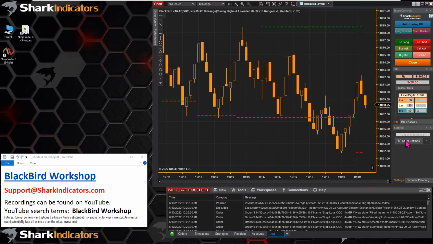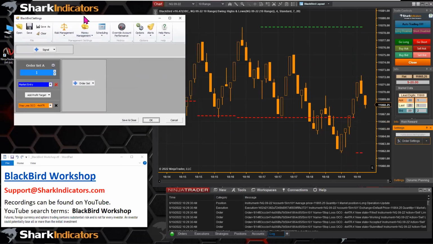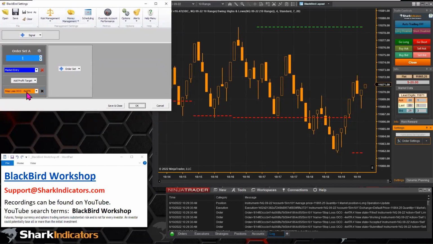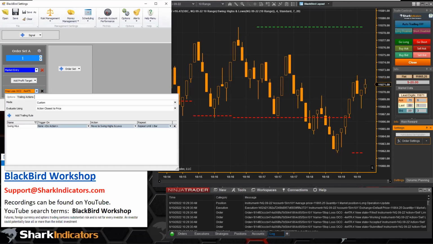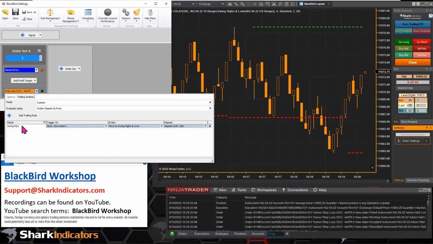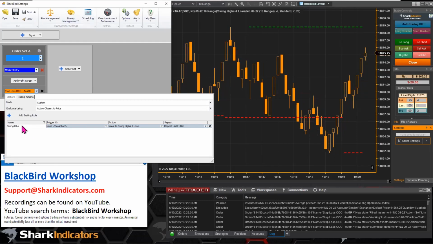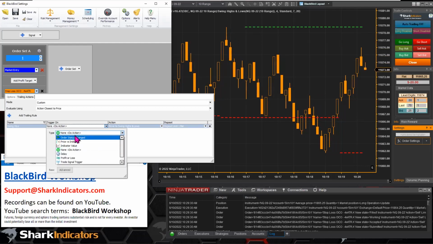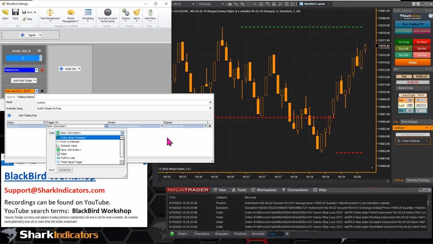So actually, we do need to make one modification here. I'm going to modify this trailing rule and add a trigger that's going to validate that the market is on the correct side of the swing point.